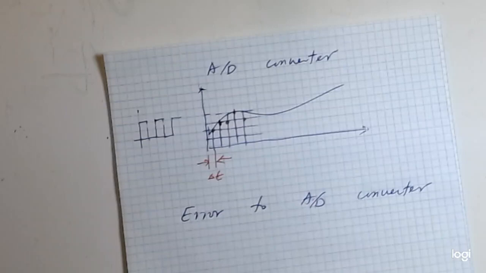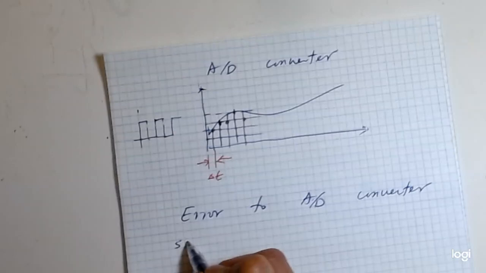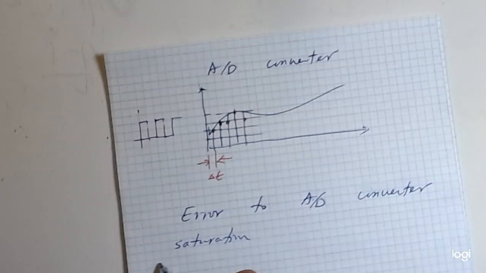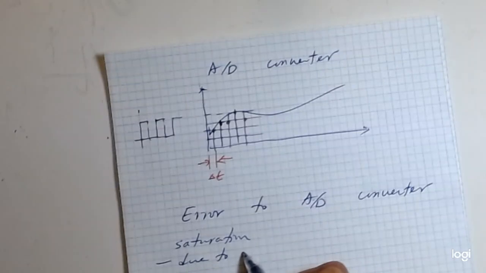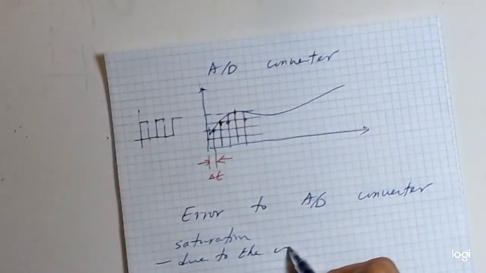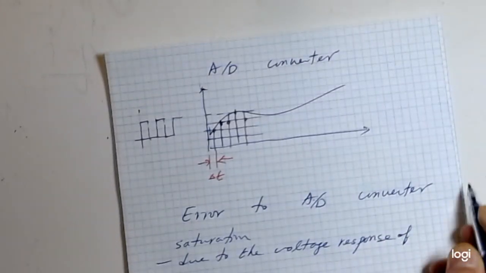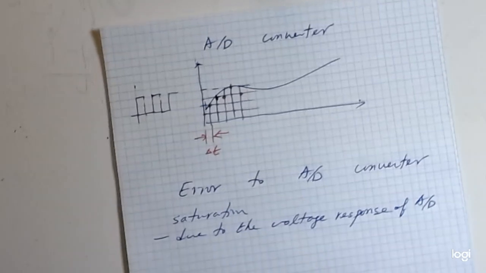Well, first of all, we will have the so-called saturation errors, due to the voltage response of the AD converter.